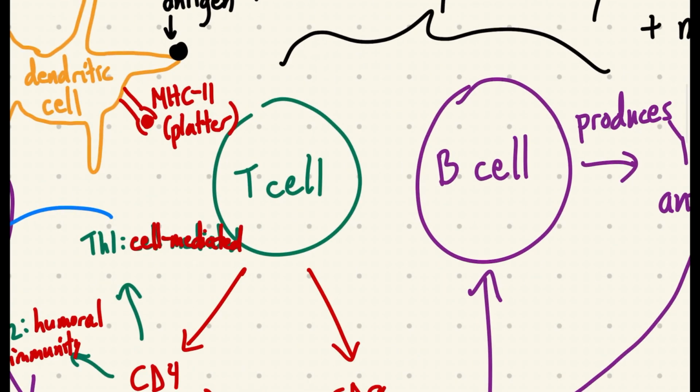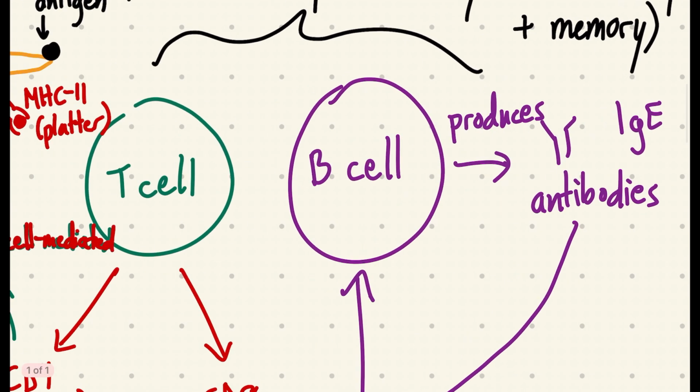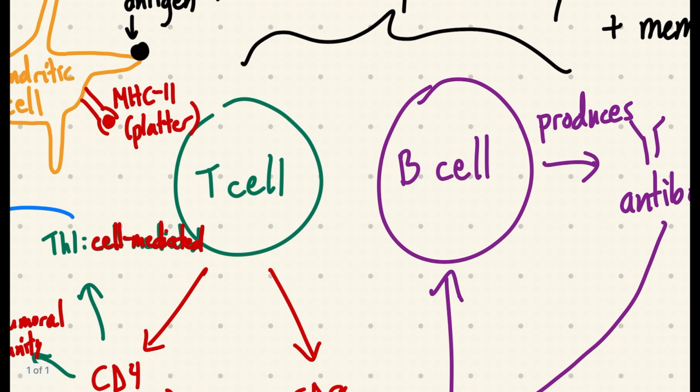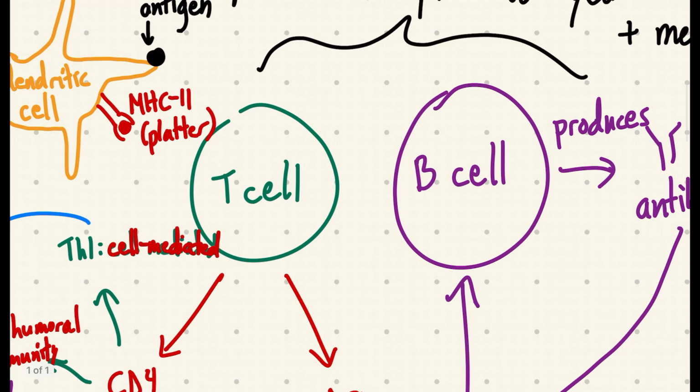So, for example, a T cell can either secrete pro-inflammatory cytokines that stimulate B cells to produce antibodies, or they can stimulate anti-inflammatory cytokines that stimulate B cells to not do anything, basically. Whether or not it's producing pro or anti-inflammatory cytokines, you can think of cytokines like the language that cells are using to communicate to each other.